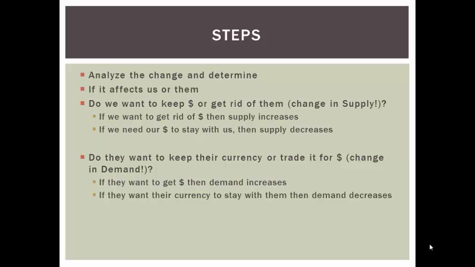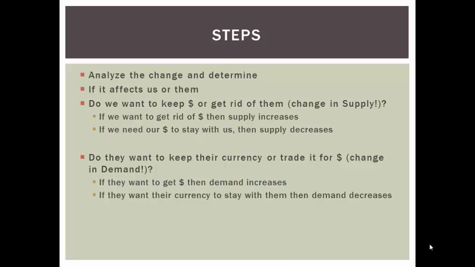In that case, we're changing the supply. If we want to get rid of the dollars, then supply of dollars increases. We're getting rid of the dollars by bringing them to the foreign exchange market, increasing availability of US dollars. We're increasing supply, moving the supply curve to the right.